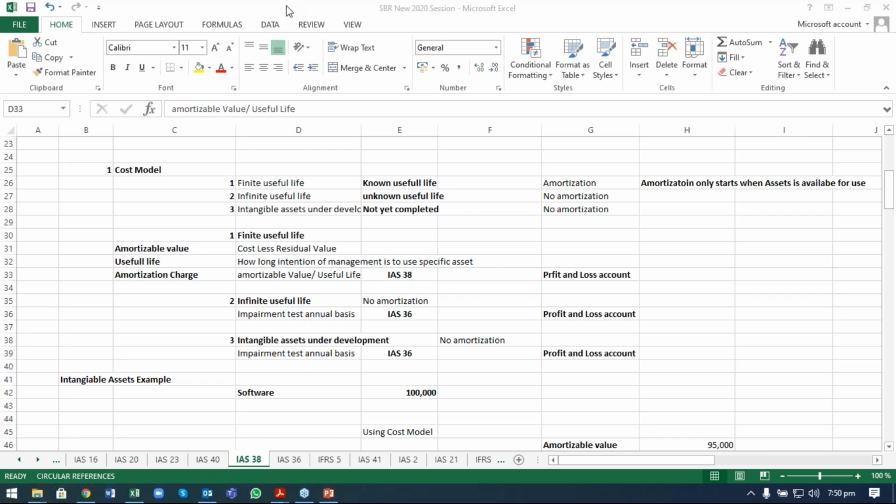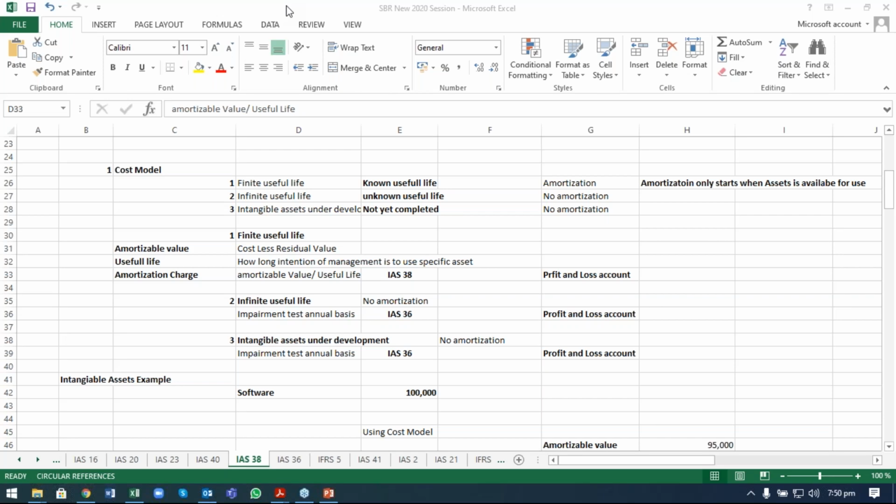Irrespective, I have the formula, I have recognized my patent, I have registered that intellectual property, but as the infrastructure is not available, I can't use that patent. But once the infrastructure is completed, I have to start charging amortization once the infrastructure is available to use that asset.